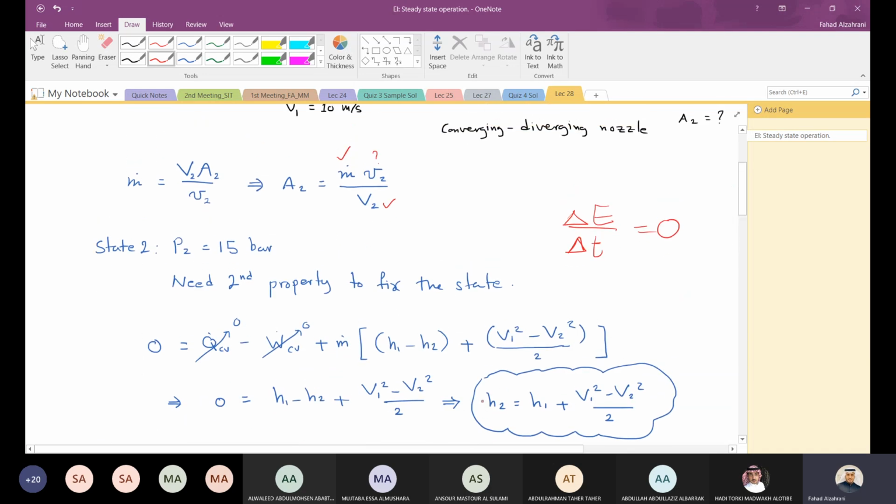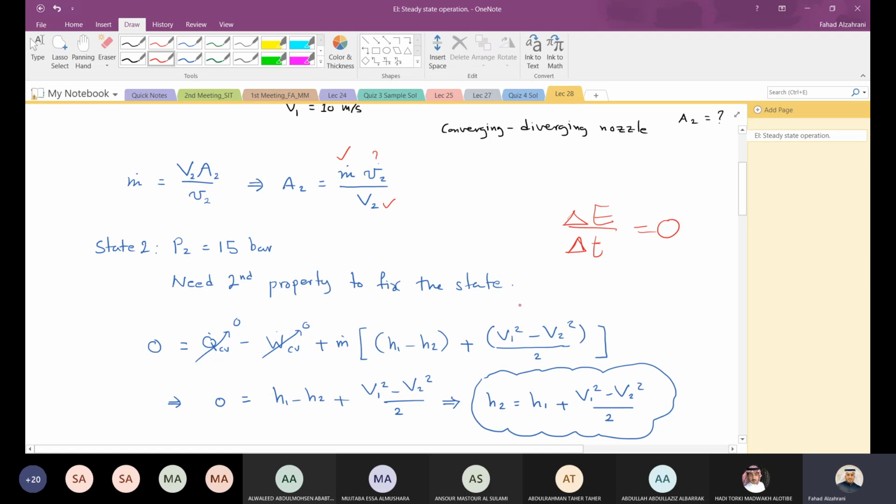So I can solve for the enthalpy at the second state as a function of the enthalpy at the first state, the inlet, plus the difference in velocities, kinetic energy. Okay, so basically I can find the second property using the energy balance اللي هو first law.